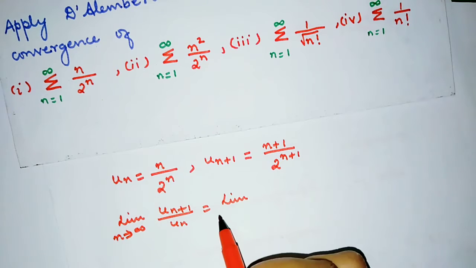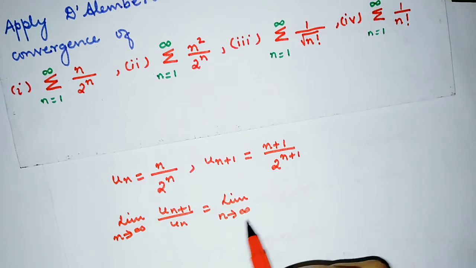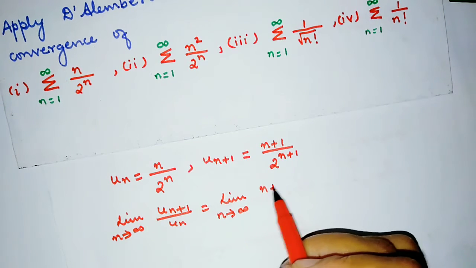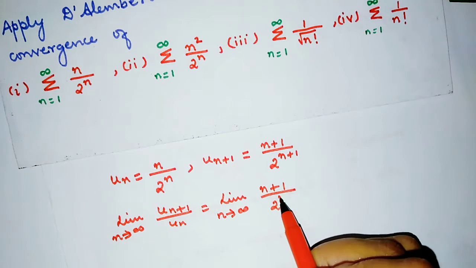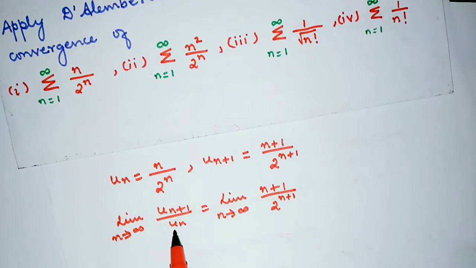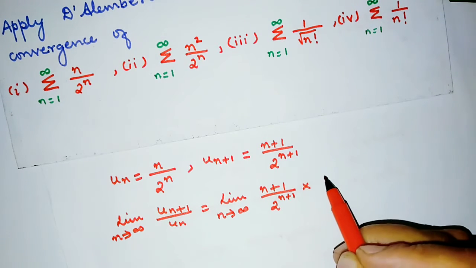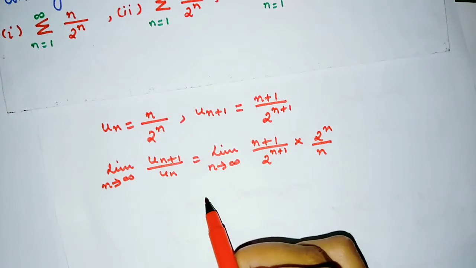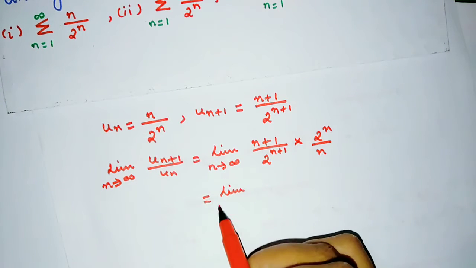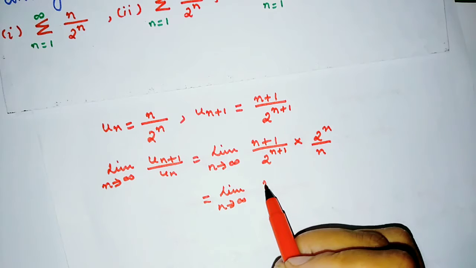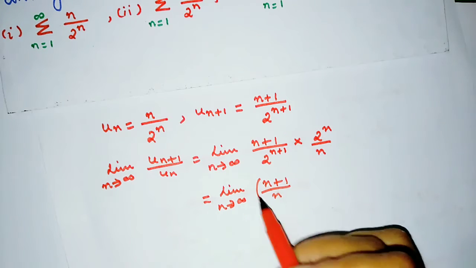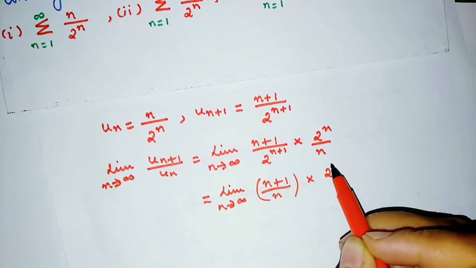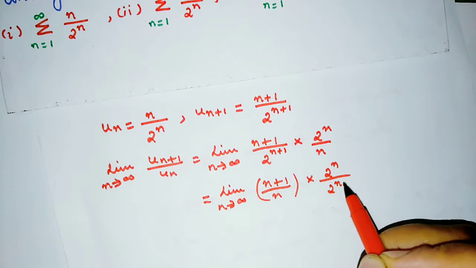UN plus 1 is n plus 1 by 2 to the power n plus 1. When we divide by UN, we have 2 to the power n by n. Here we have n plus 1 by n together, 2 to the power n by 2 to the power n plus 1 together.